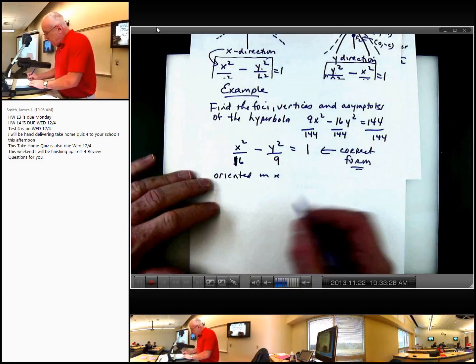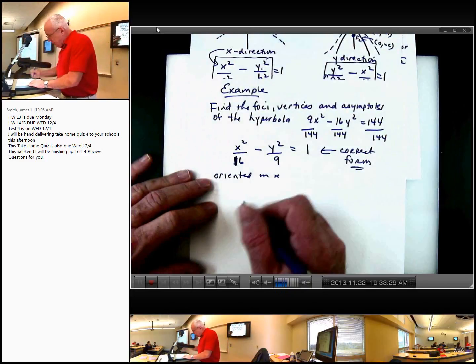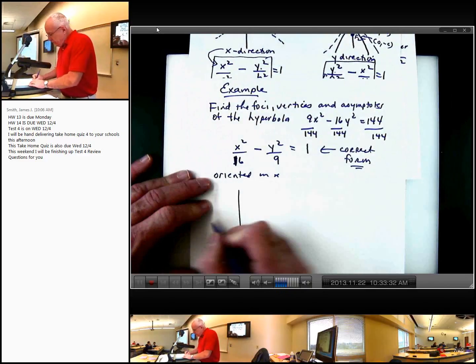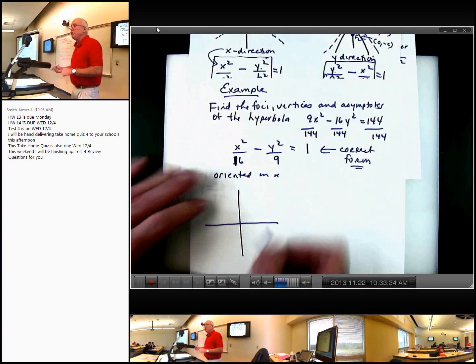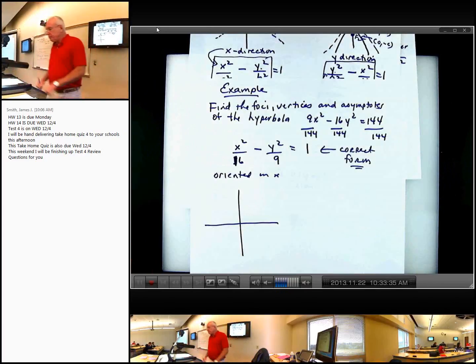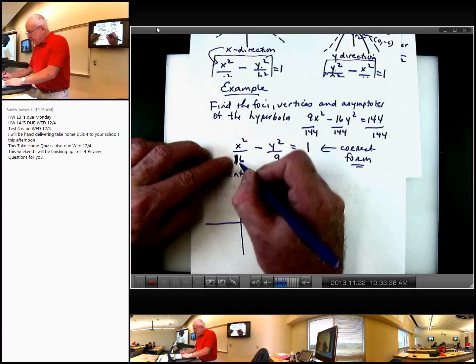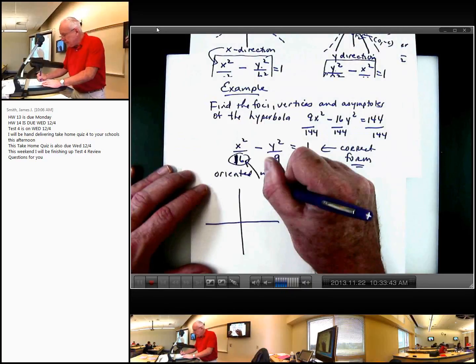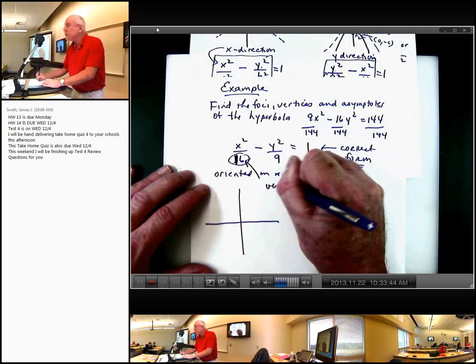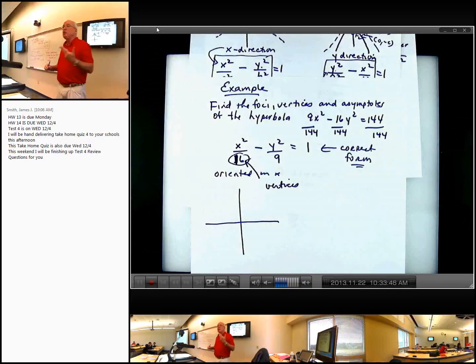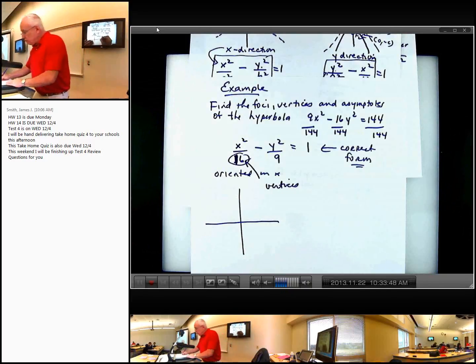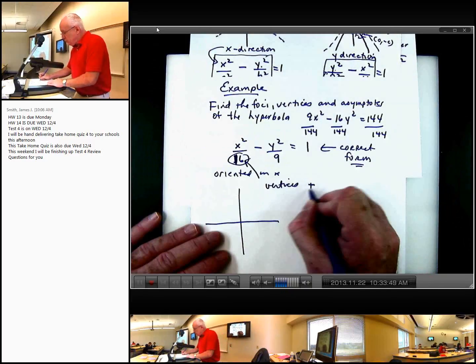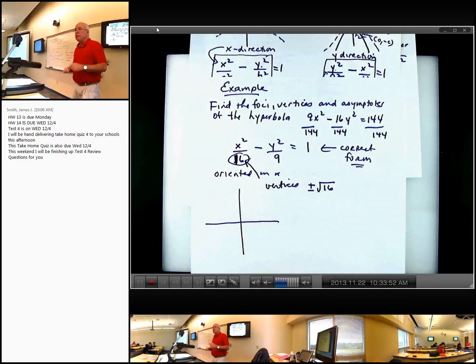All right. So a good thing here to start doing is to start sketching your graph. Now, this number here is going to give us our vertices, except we have to do the square root. So it's going to be plus or minus the square root of that particular leading number.